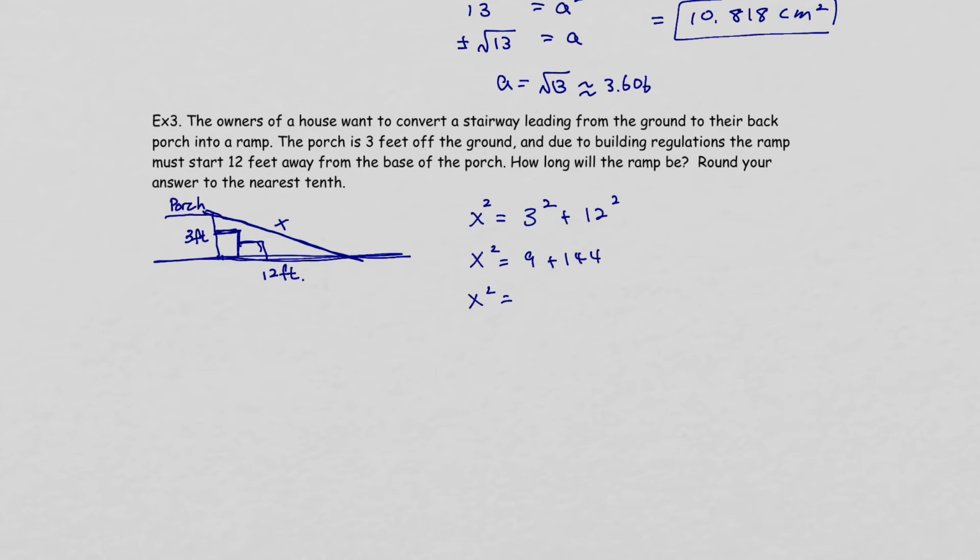When you add them, it gives you 153. When you square root both sides, you get plus minus square root of 153. And if we just keep the positive, because it has to actually be able to be measured, it will be square root of 153. And this is close to 12.4 feet.